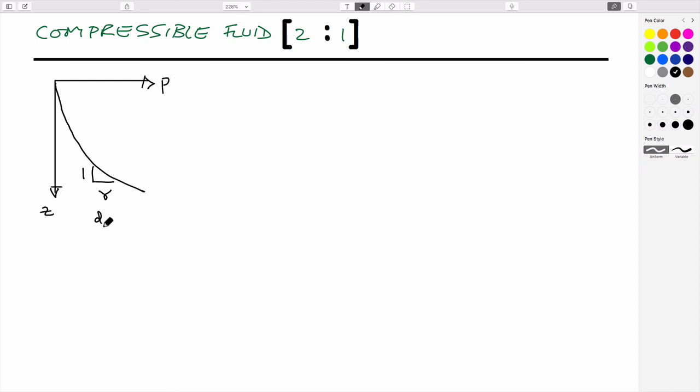This is also dP, and this is also dZ, instead of drawing them as separate components. But the essential difference is this. The pressure change with elevation is now equal to minus the unit weight, which we said always is true, which is equal to minus gravitational acceleration times density.